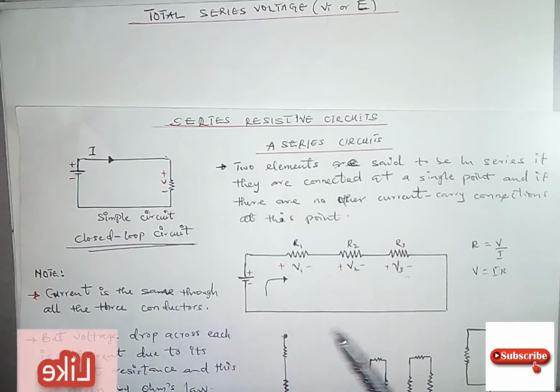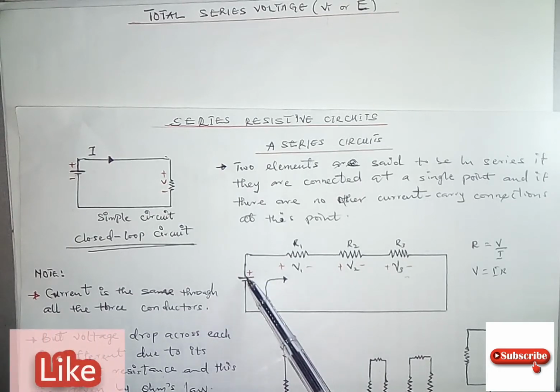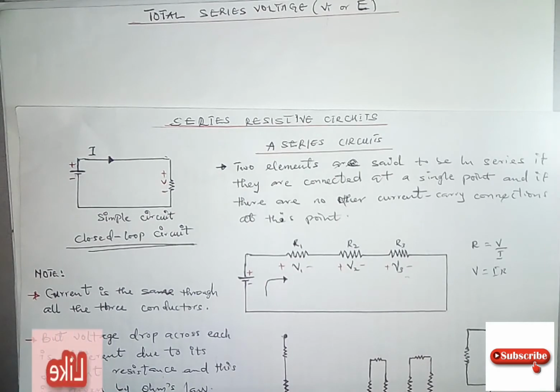That is the source voltage shared by each resistor. The terminal of the resistor connecting to the positive side of the voltage source is positive, and the terminal connecting to the negative side is negative. So this is positive to positive, and negative to negative on the other side.